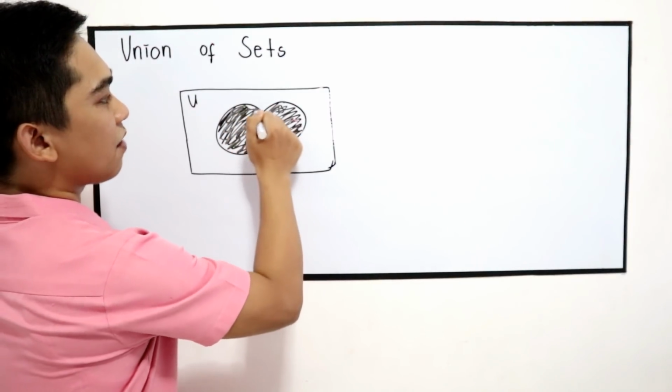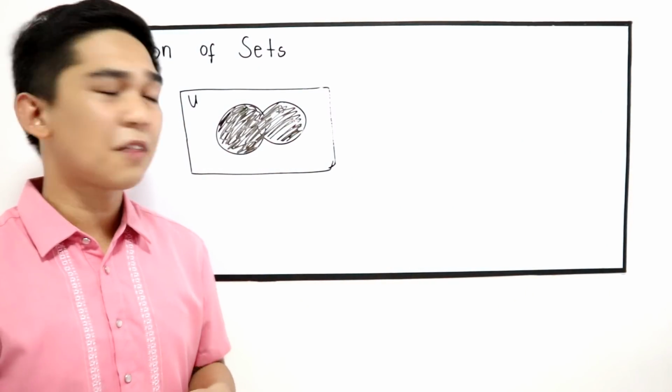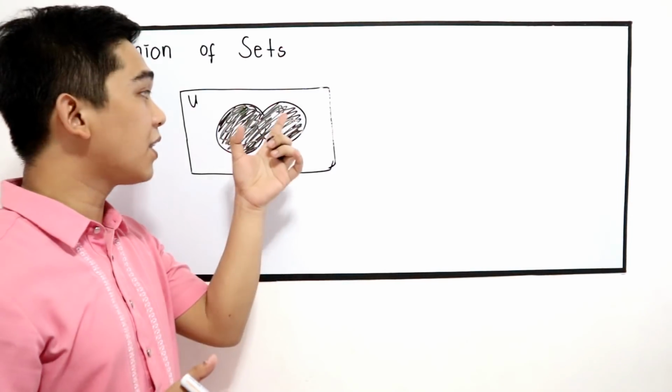The combination of set A and set B. That means all the elements in A, we're going to combine with all the elements of B.